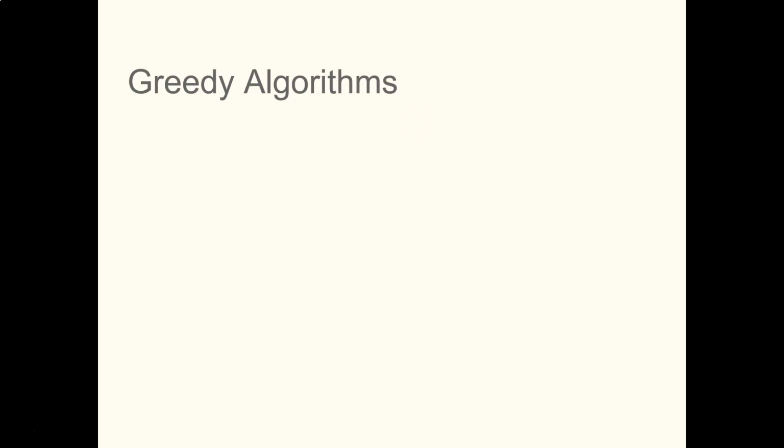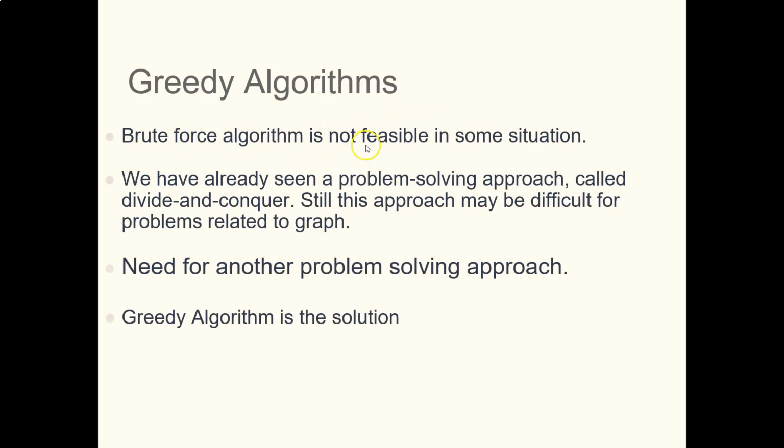But if the amount he was looking for was coins equivalent to 23 rand, then after giving him the 4 5 rand coins, the next denomination is 2 rand. We'll give him 2 rand and then 1 rand. So this is how greedy algorithms work. In general, brute force is not feasible in some situations like this.